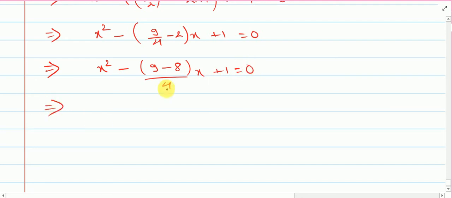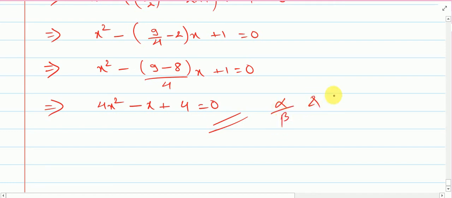So in order to get rid of this denominator 4, I can multiply throughout by 4. So I'll get 4x square, and 9 minus 8 will be 1, simply x, and multiplying throughout by 4, this will become 4 equal to 0. This is the required quadratic equation, which will have roots alpha upon beta and beta upon alpha.